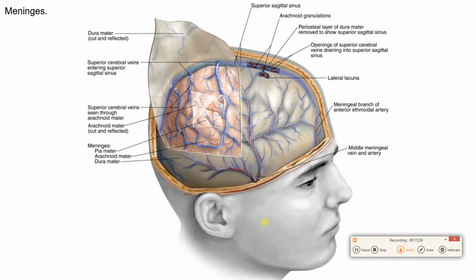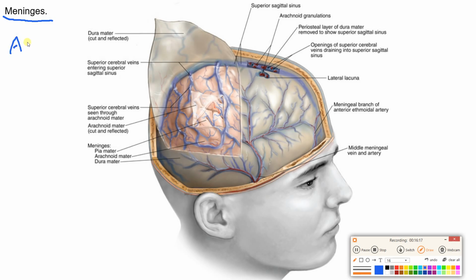In both my cranial and my vertebral cavity, I'm going to find membranes, and these membranes are called meninges. There are actually three layers of these membranes called meninges, and what they are going to do is anchor and protect.